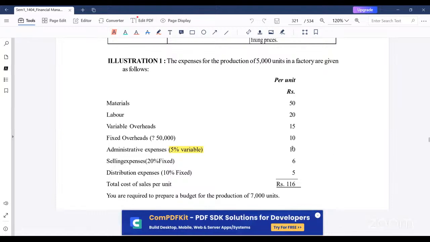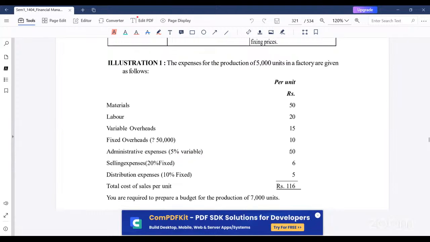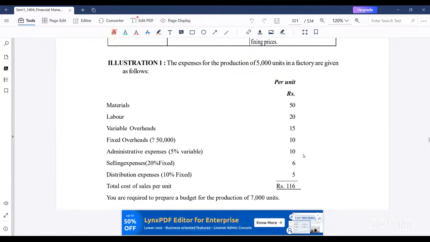It means in this 10 rupees, 5% is variable and 95% is fixed cost. Similarly, these are called semi-variable expenses.